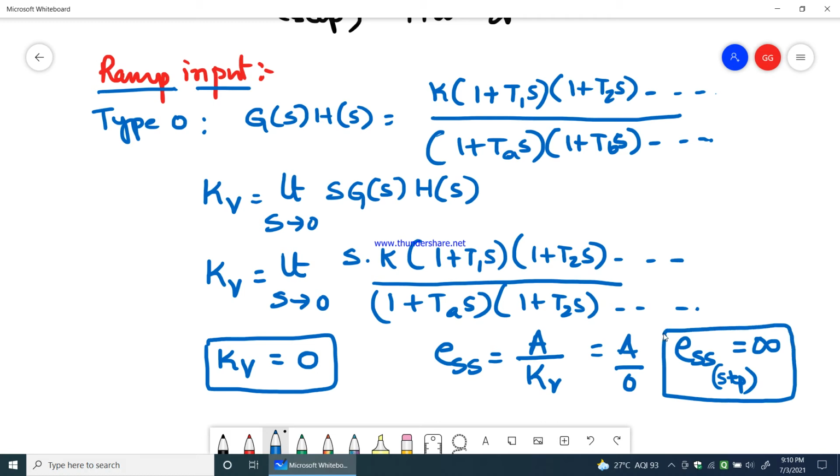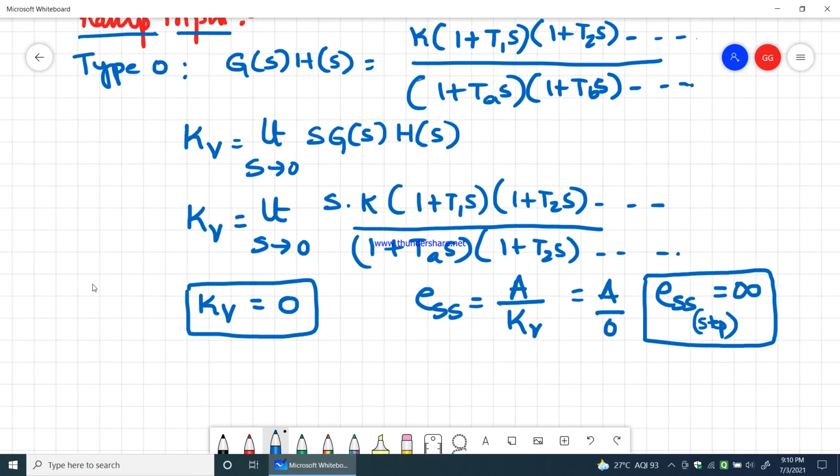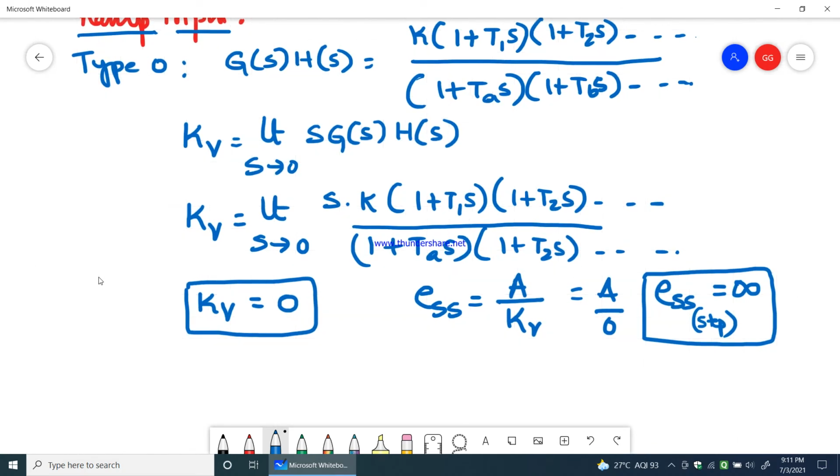Therefore, when a ramp input is given to any control system, you should see that the control system would not be type 0 system, and you get error to be infinity.